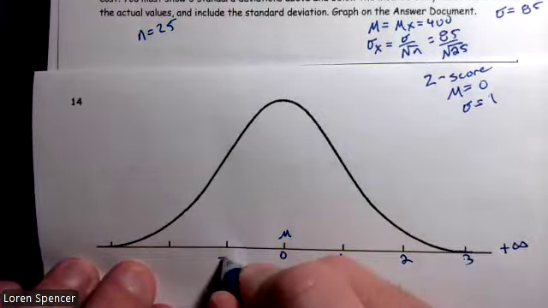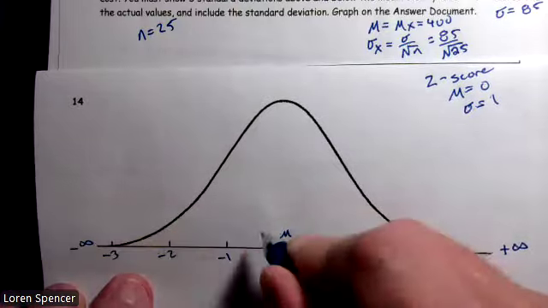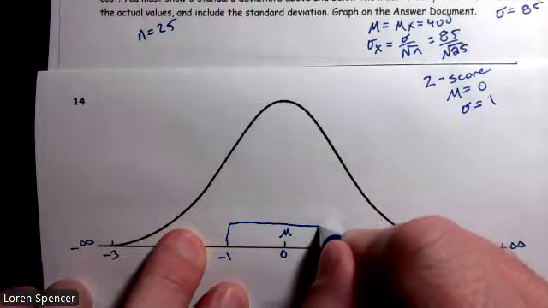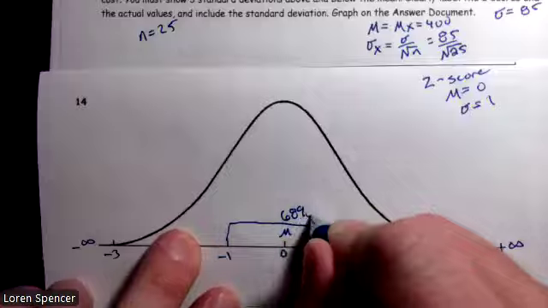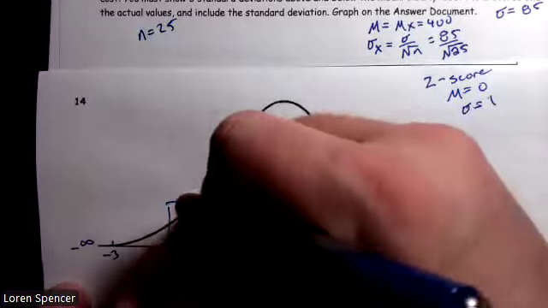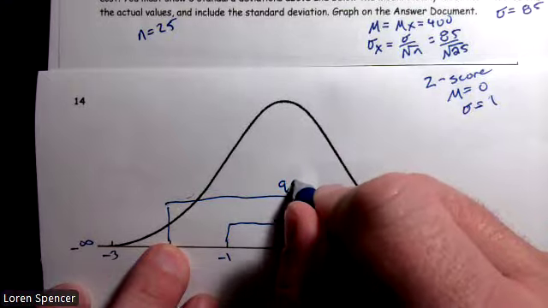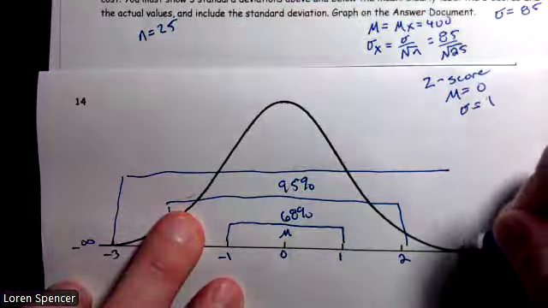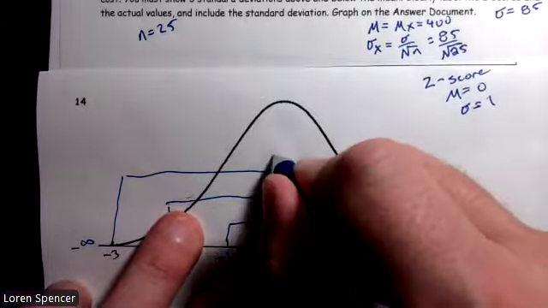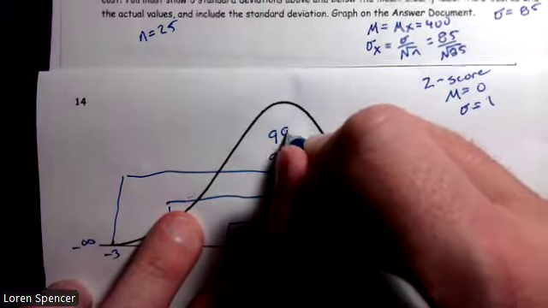This is going to be -1, -2, -3, and go to negative infinity. And 68%, 95%, and 99.7%.